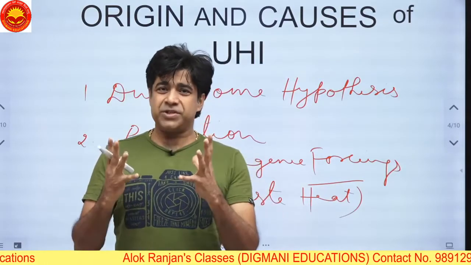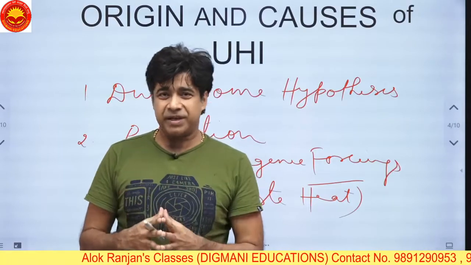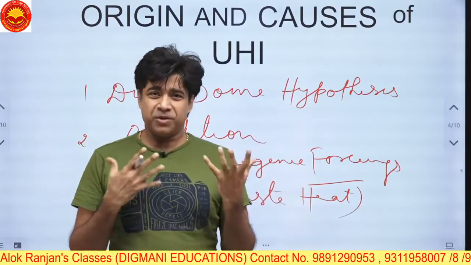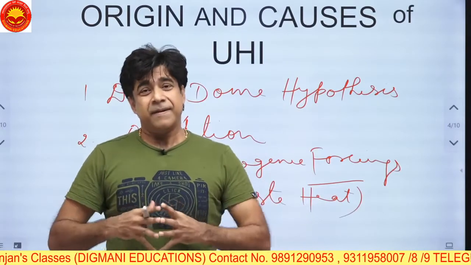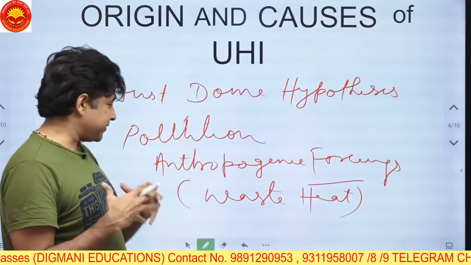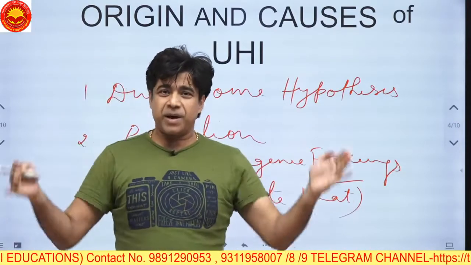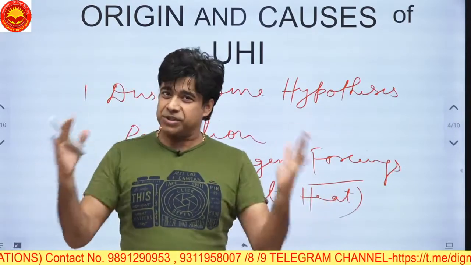All this heat generated by all these facilities which humans have acquired in the modern era is creating excessive waste heat. And this waste heat is also trapped by the urban dome or the dust dome.